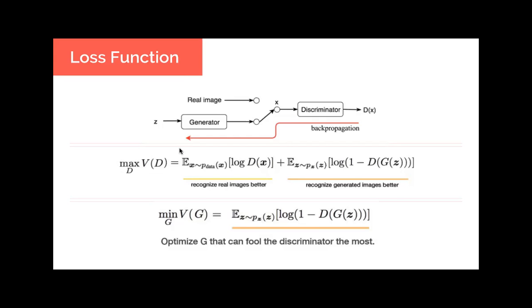It makes total sense, because this one is for the real image and we really want D of x to be close to 1, which is the label of the real image. And this one, we really want D of G of z to have label 0, which is the label of the fake image. So by summing up this function, you can look at this here.